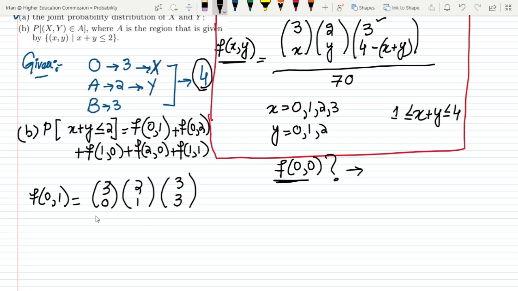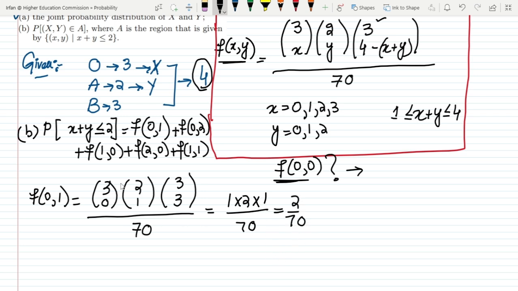So it would be this one, and the denominator will be 70. Now finding them out, I will get 1 from here, 2 from here, and 1 from here, and ultimately it will be 2 by 70.